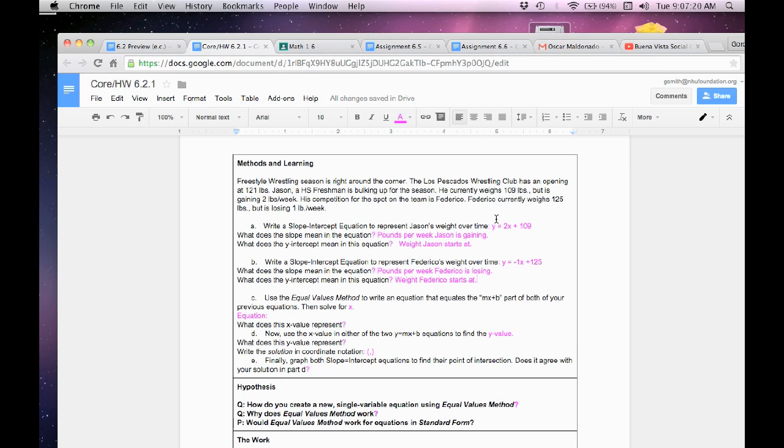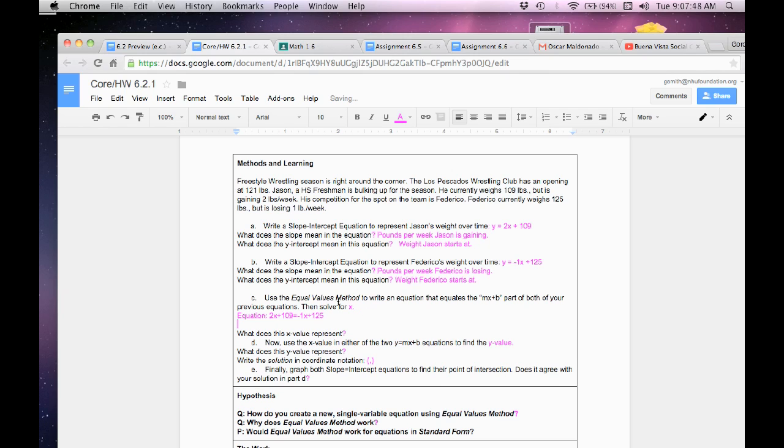So if this is y and this is also y, then when the y's are equal, this must be equal to this. So we're going to create a new equation. The equation is 2x plus 109 must be equal to -1x plus 125.